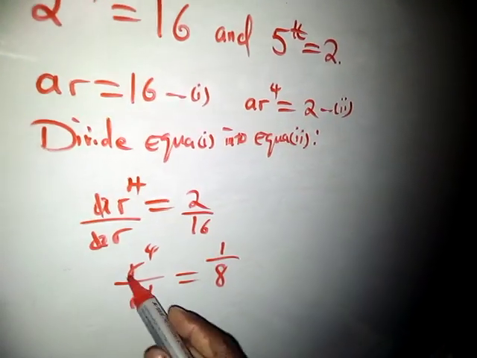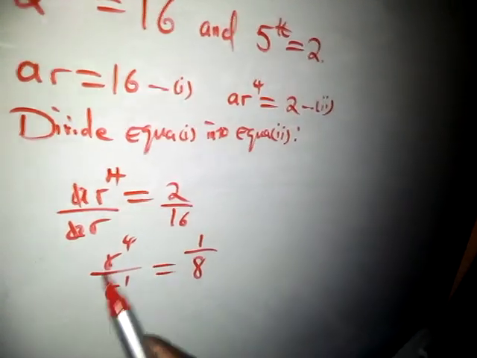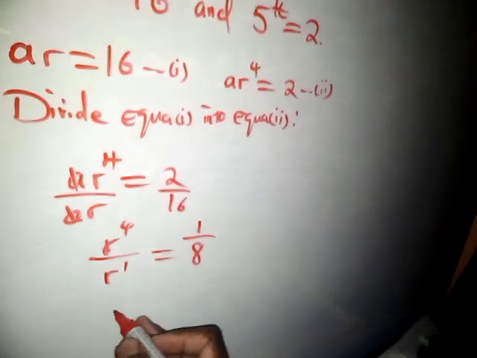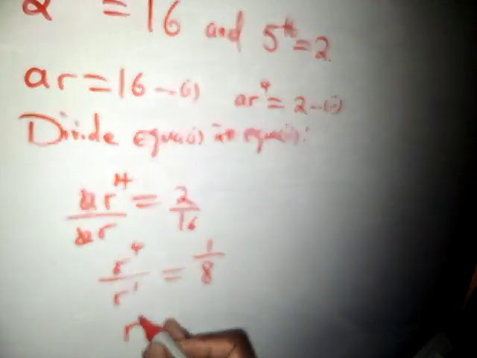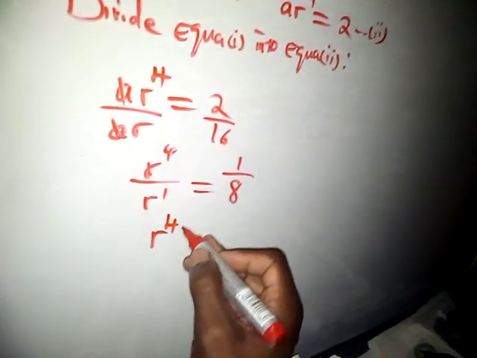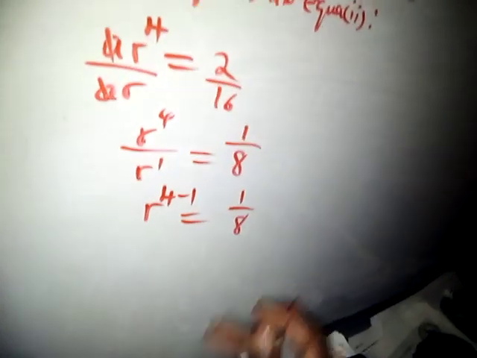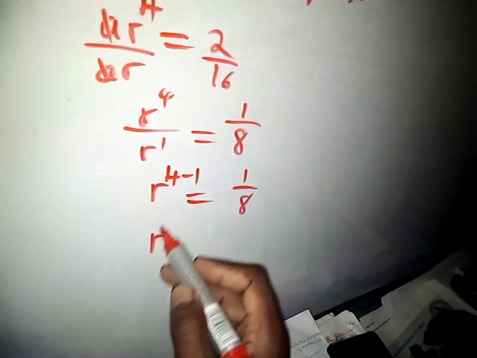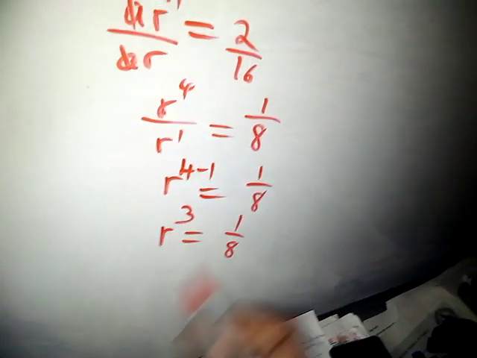According to the laws of indices, when you divide in the same bases, you actually subtract the exponents. In this case, we're going to have one base, which is R, and the exponents to subtract are 4 minus 1. Further, we say this is R to the 3rd power, which equals 1/8.